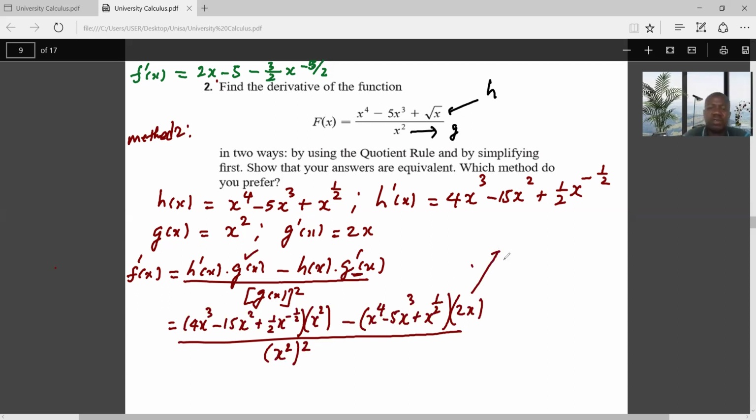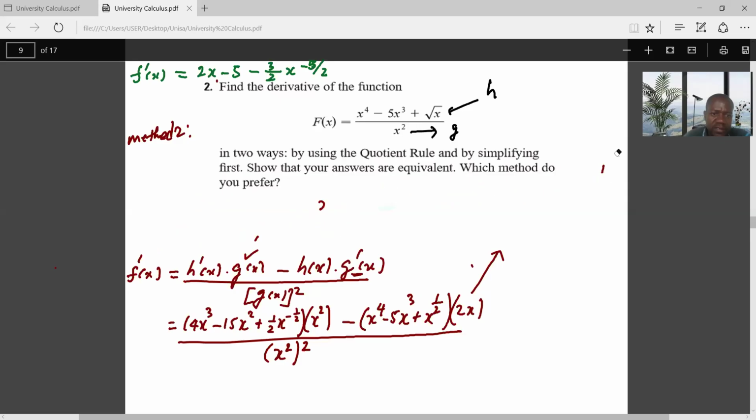Now I want us to simplify this expression, ladies and gentlemen. So what I will do, we have the f prime. Let's multiply in by x squared throughout this expression.